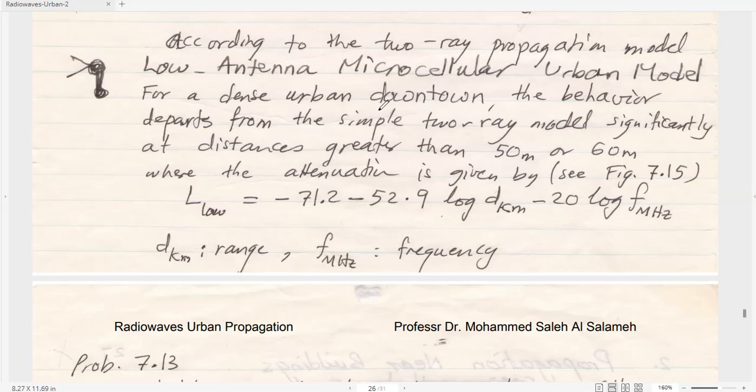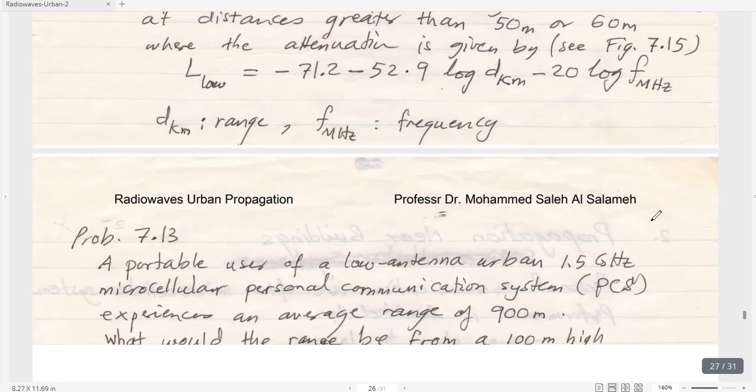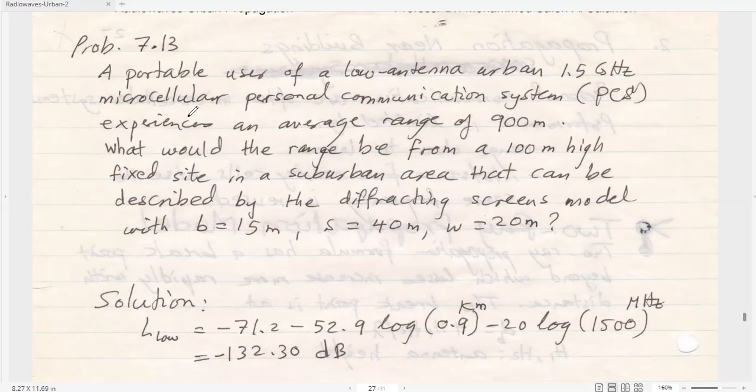This is the low antenna microcellular airband model, where the loss is given by this equation: L equals minus 71.2 minus 52.9 log d, where d in kilometer is the distance, minus 20 log f, frequency in megahertz. Take this example here. A portable user of a low antenna airband 1.5 gigahertz microcellular personal communication system experiences an average range of 900 meter.